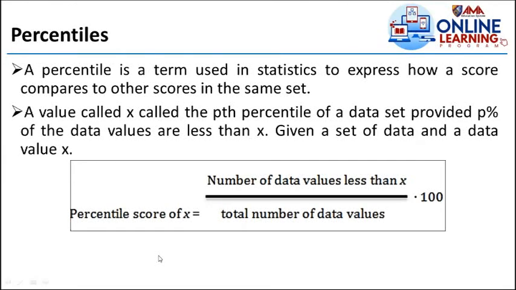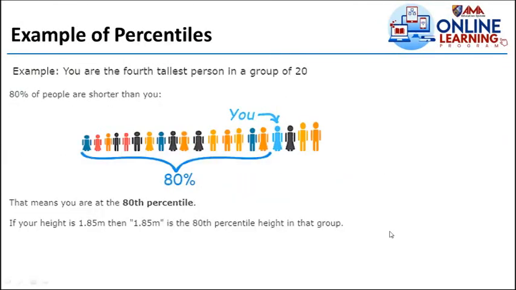A value called X is called the P percentile of a data set provided P% of the data values are less than X. Given a set of data and a data value X, we have percentile score of X equal to the number of data values less than X divided by the total number of data values multiplied by 100%. Okay? So, how are we going to illustrate that one? Ito yung example natin. So, example of percentiles.